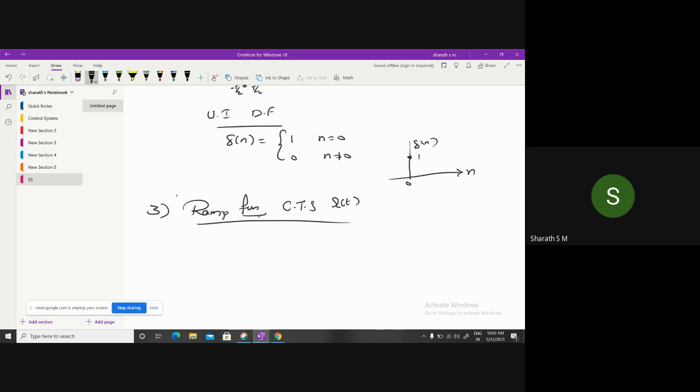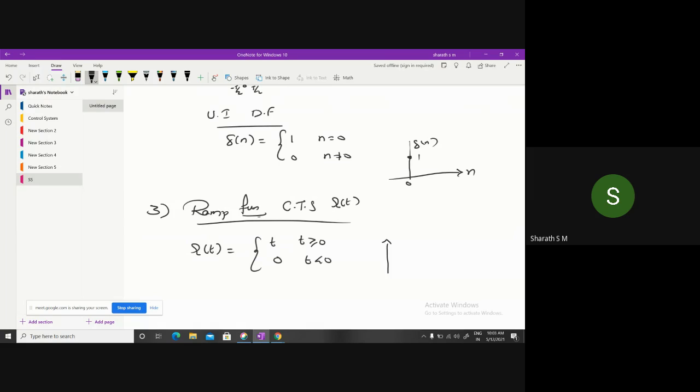Write down, the ramp function is denoted by r of t is equal to t for t greater than or equal to 0, and 0 for t less than 0.